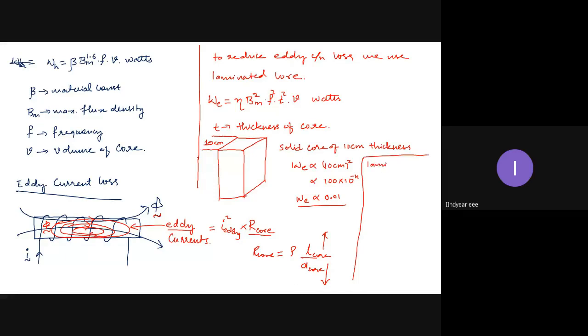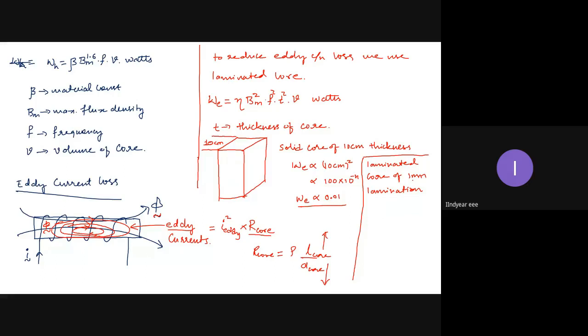Second case. Laminated core of 1 mm lamination. It is not only laminated, in between two laminations, it is insulated also. Between two laminations, I should insulate. If there is no insulation between two laminations, it is as good as solid core only.